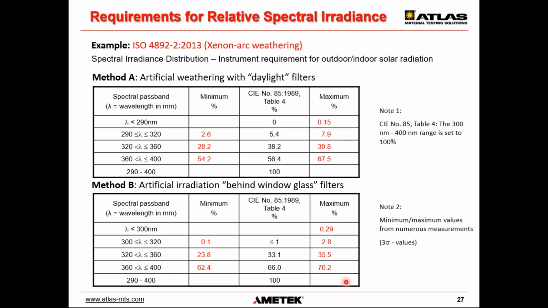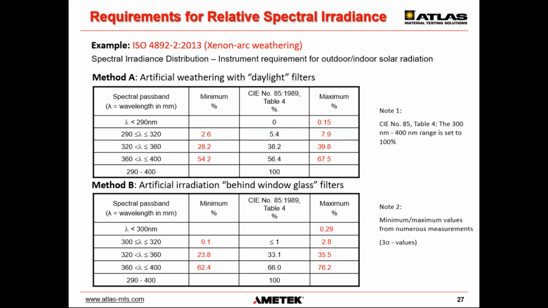I mentioned spectral irradiance and spectral power distribution. Here's an example of how spectral power distribution is defined in a standard, ISO 4892-2. It provides upper and lower limits in the different regions.